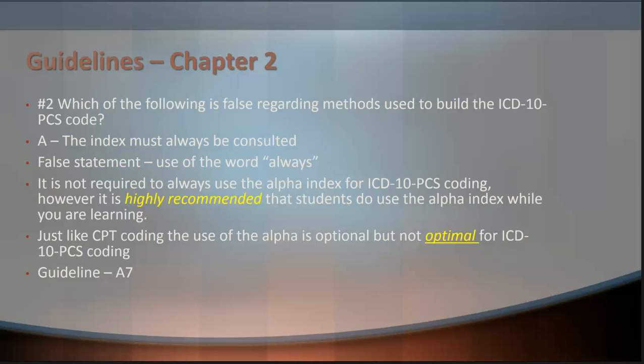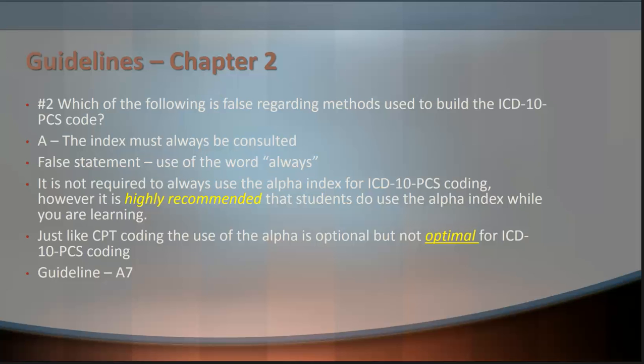It includes a stem, which is that sentence at the beginning. Which of the following is false regarding methods used to build the ICD-10 PCS codes? It's asking you to identify the false element, and sometimes students conceptually don't understand that. In this case, there are 4 statements given to you, A, B, C, and D. You're looking for which one of those is not true.